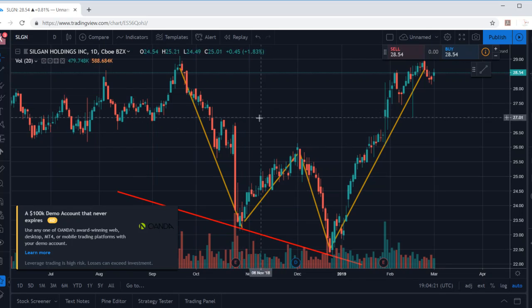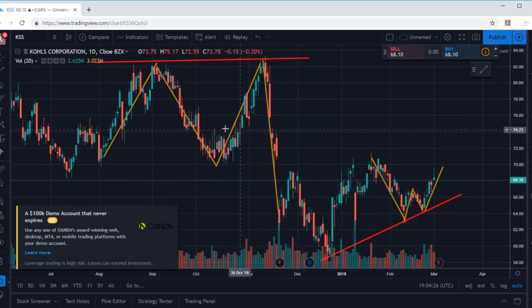So let's look at the last stock right now. It's KSS. On this stock I have both the double top and the double bottom. I showed you this in the first presentation about the double top. The stock went up, then it stopped, bounced again, dropped. So the red trend line is my resistance.